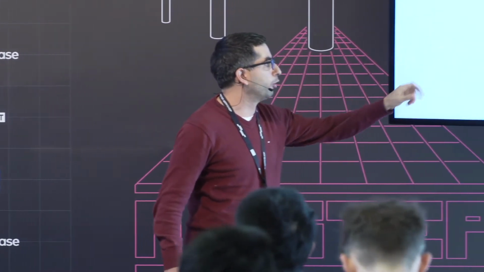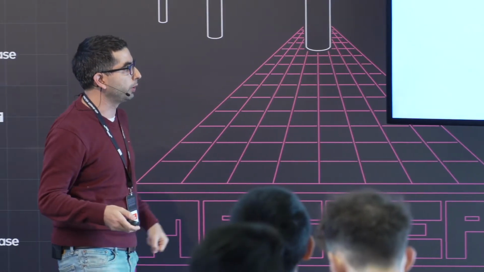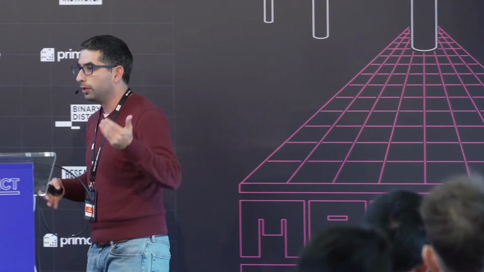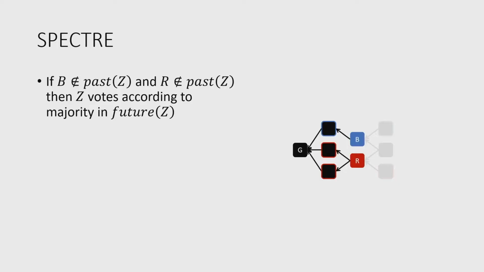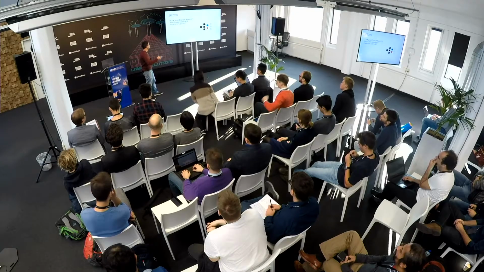So we know the opinion of the blue and red blocks, so we can go on to the different blocks. This one only sees block B in its future, so it will be marked as blue. The other two blocks see only block R in their future, so they will be marked with red. The Genesis sees in its future 3 blocks that are voting for red and 2 blocks that were voting for blue, so it takes the majority, 3 to 2, and believes that block R wins the majority.